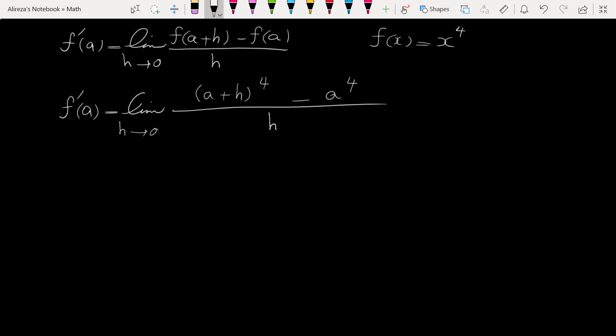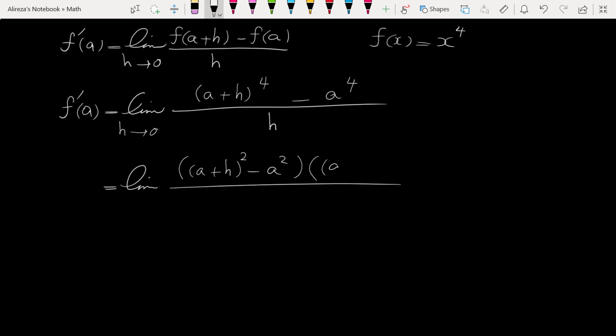So let us start simplifying the numerator. If we factor the numerator with the difference of squares identity, we have this over h as h approaches 0.